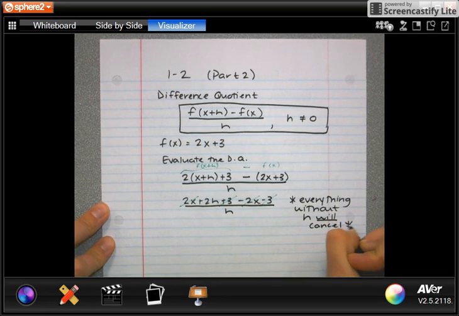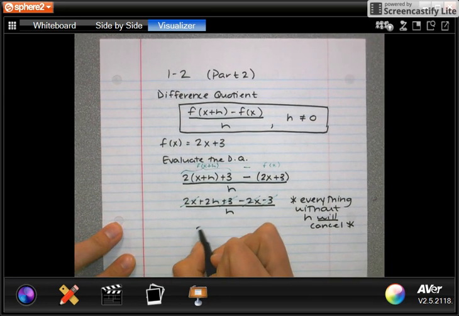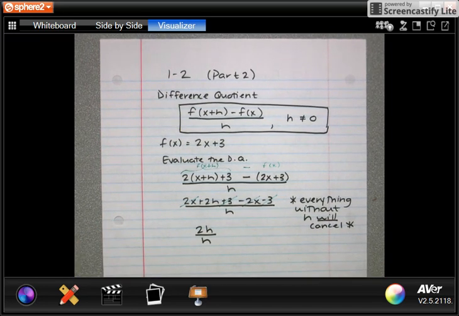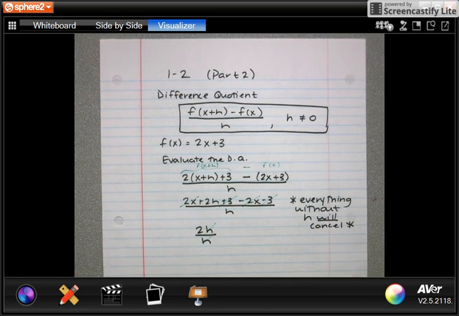If for some reason it didn't, that means we made a mistake and we need to go back. So what we're left with is 2h over h. And there's just one more step that we can simplify by canceling out that h from the top and the bottom. And our final answer is just 2.